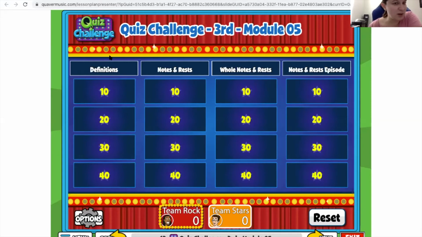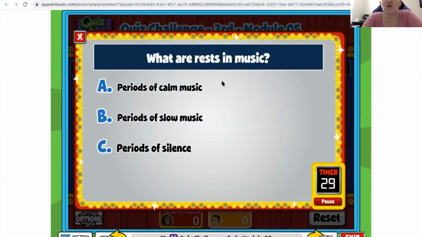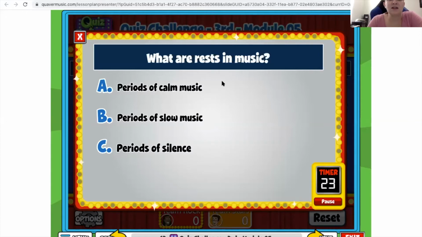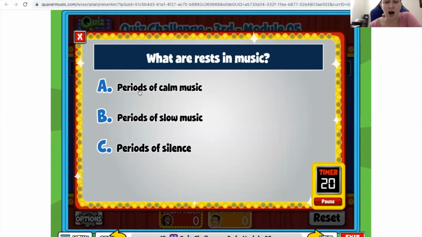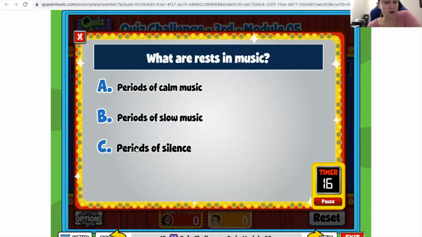So our first one, I'm going to go to definitions and I'm going to go for 10 points. Okay, so what are rests in music? So what does it mean when there is a rest in music? Does it mean periods of calm music, periods of slow music, or periods of silence?